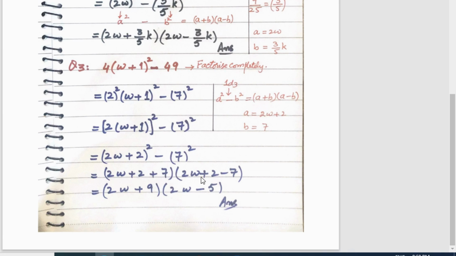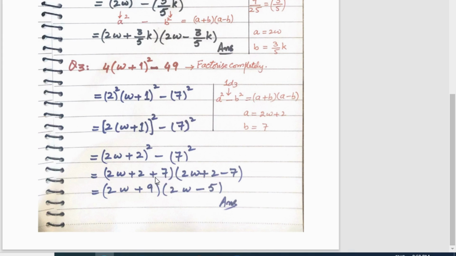Again, 2w plus 2 is A, minus 7 is B. So A minus B. I have applied the identity over here, A plus B and A minus B. A is a bit longer term, doesn't matter. Whatever is A, we will pick it up. Whatever is B, we will pick it up.